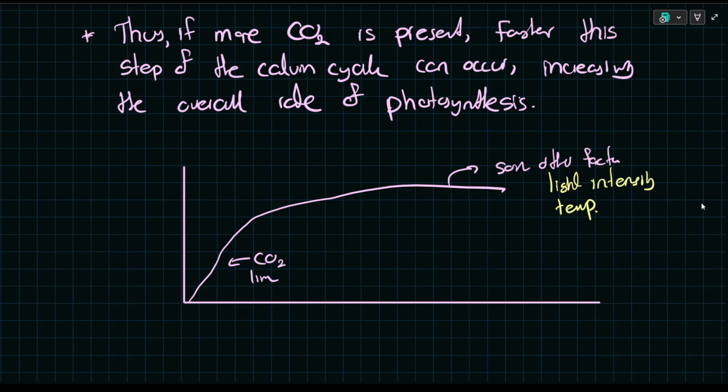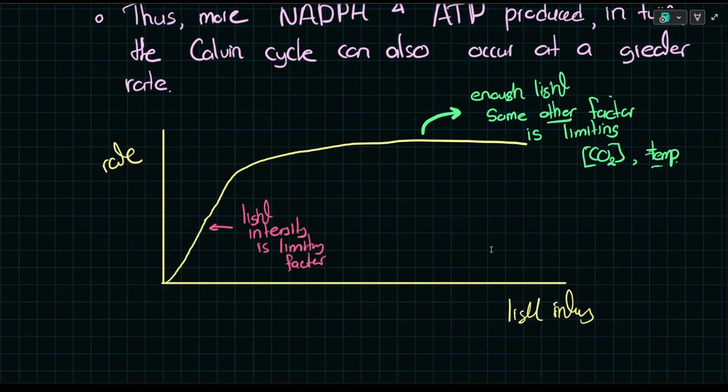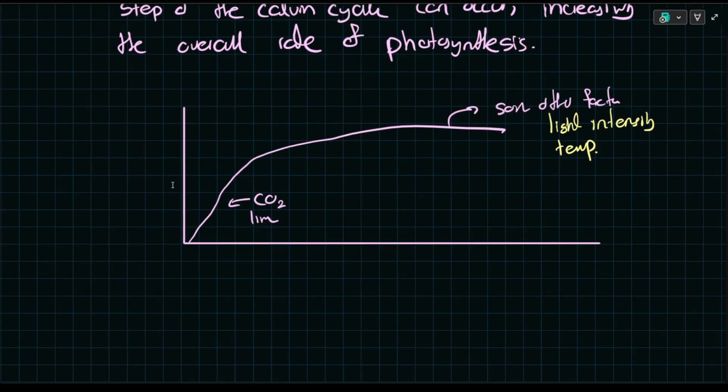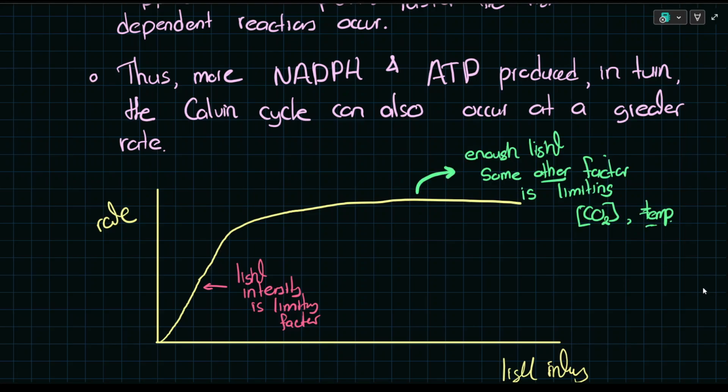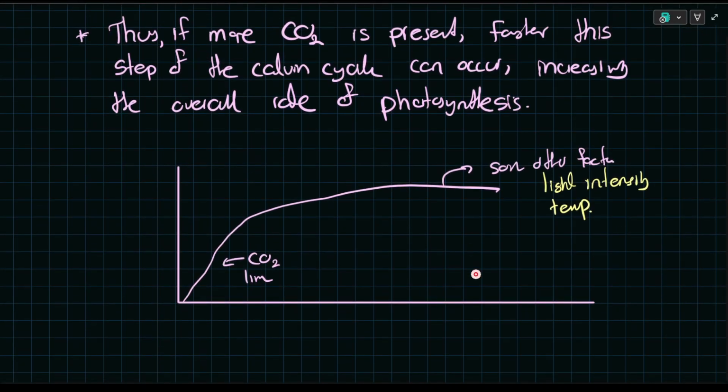Now, not carbon dioxide concentration. Do you see? Here we're talking about light intensity, so light intensity is the limiting factor. Here we're talking about CO2 concentration, so CO2 is the limiting factor here. Here, some other factor. So two of those other factors are CO2 and temperature. So in this case, we're talking about carbon dioxide concentration, so the other factor has to be light intensity and temperature.